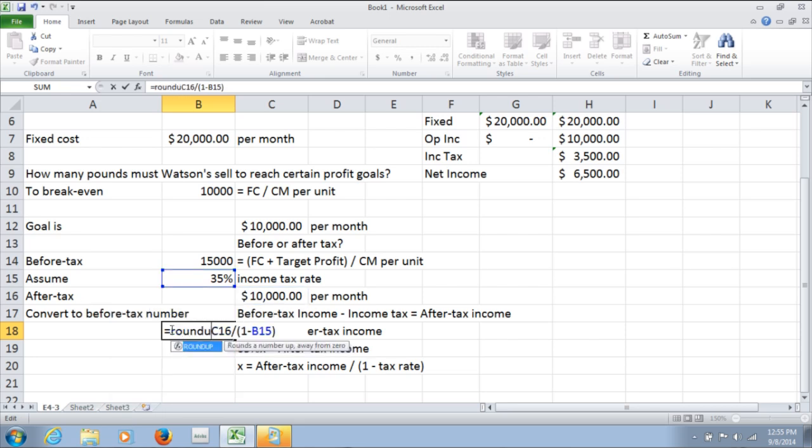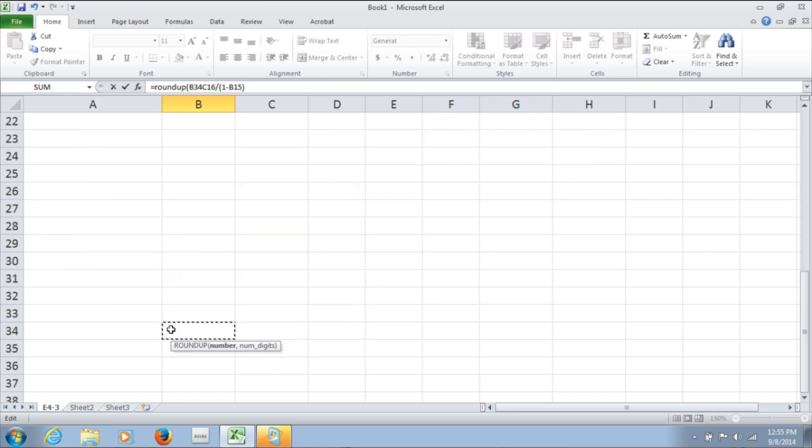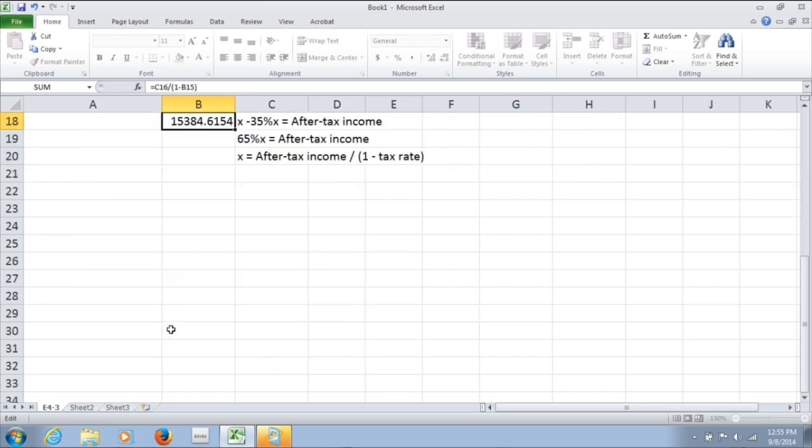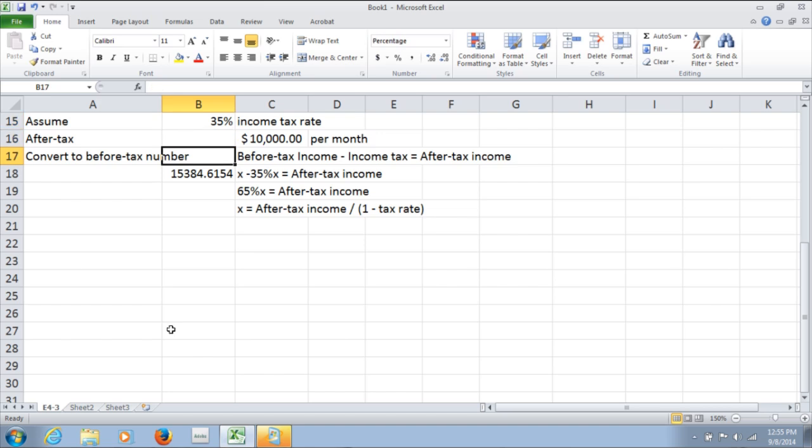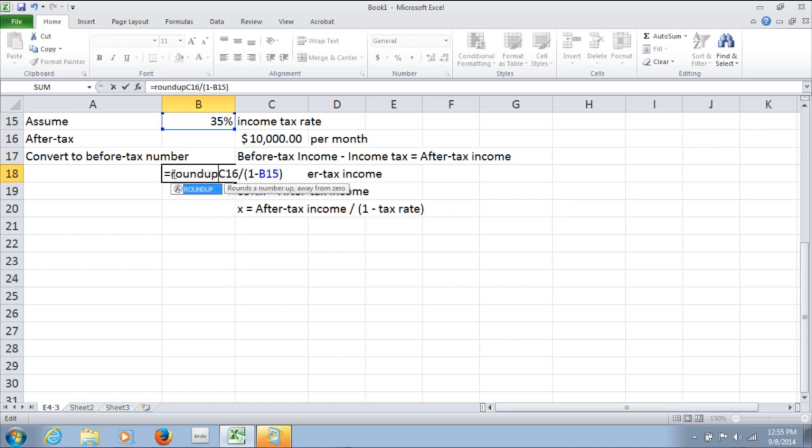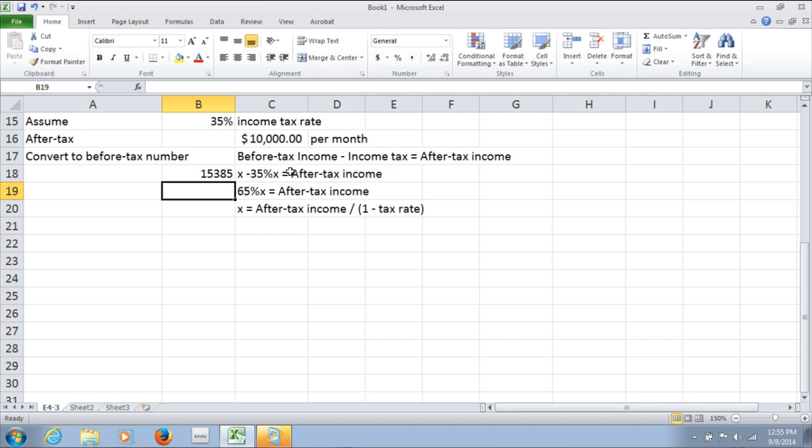Well, we could probably sell some indivisible pounds, but generally speaking, what we would want to end up doing, being careful here, is inserting into this formula the round up command, so that as we set the goal, we're going to round up to the nearest digit.